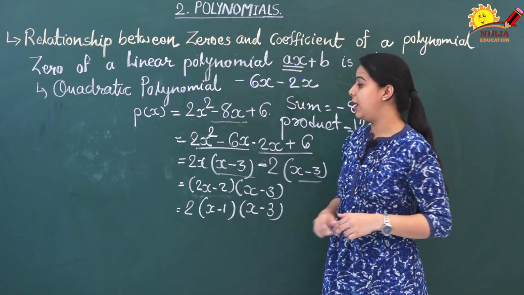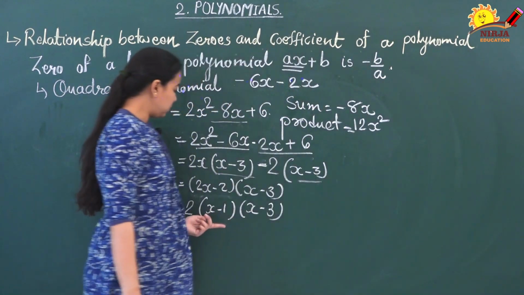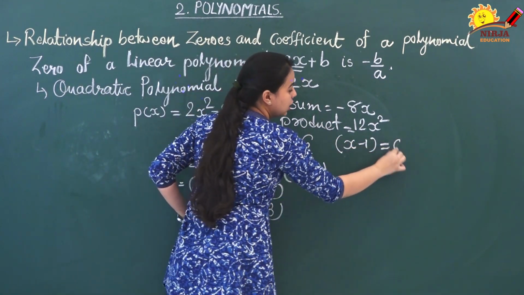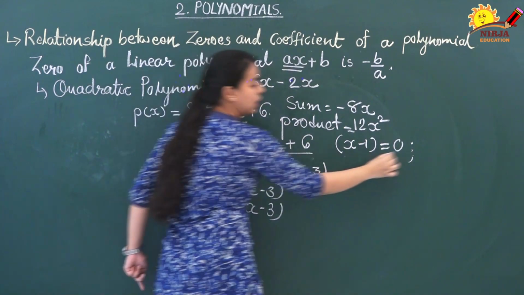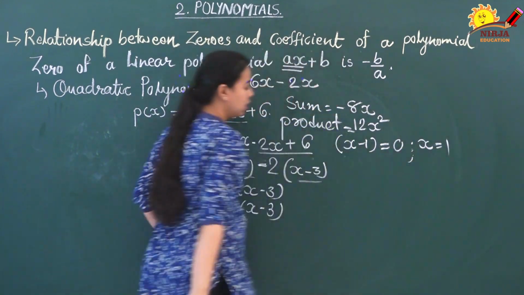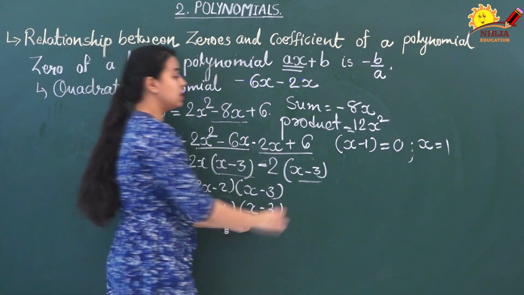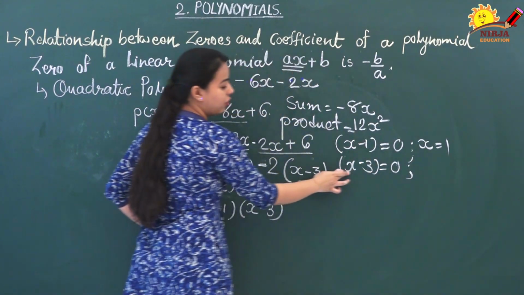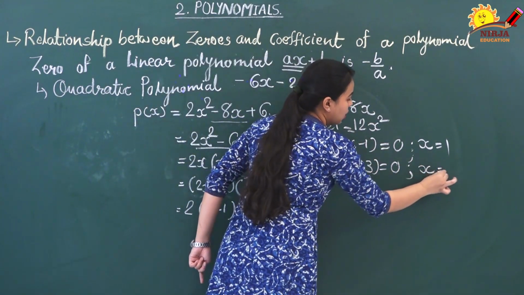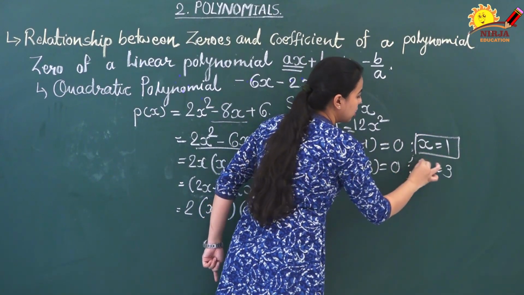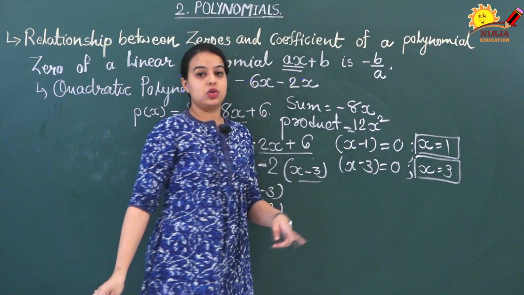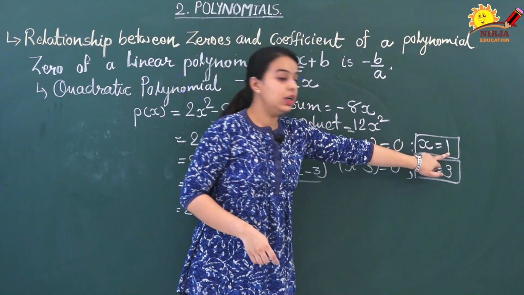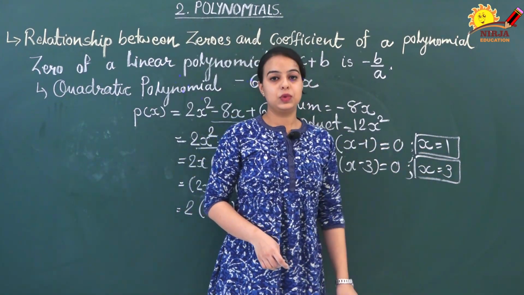Now let's see what happens. If x minus 1 is equal to 0, that means x will be 1. If x minus 3 is 0, that means the value of x is 3. So here we got two zeros of this quadratic polynomial. The first one is 1 and the other one is 3.